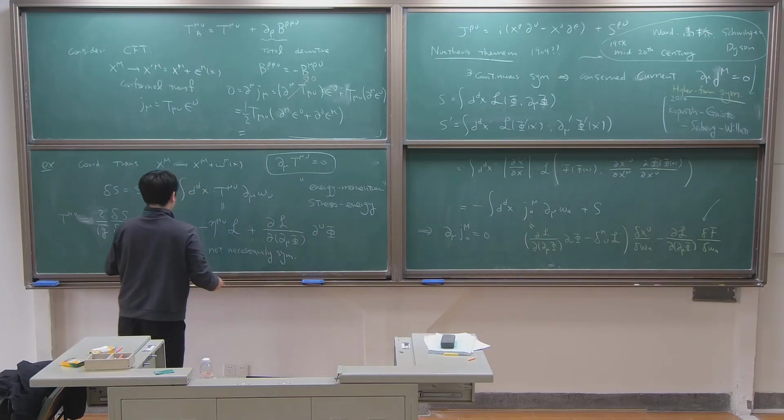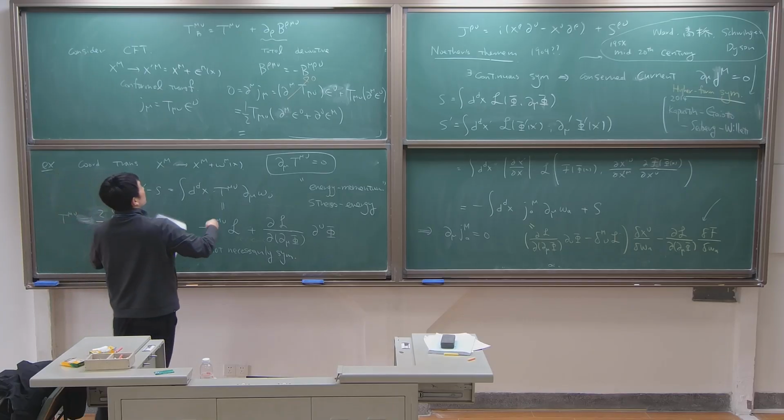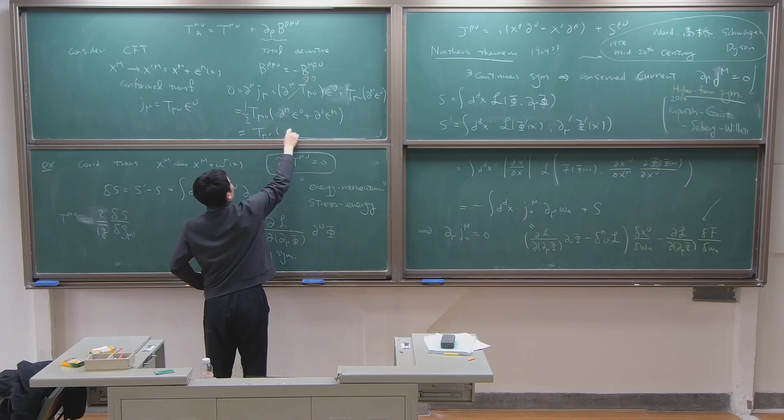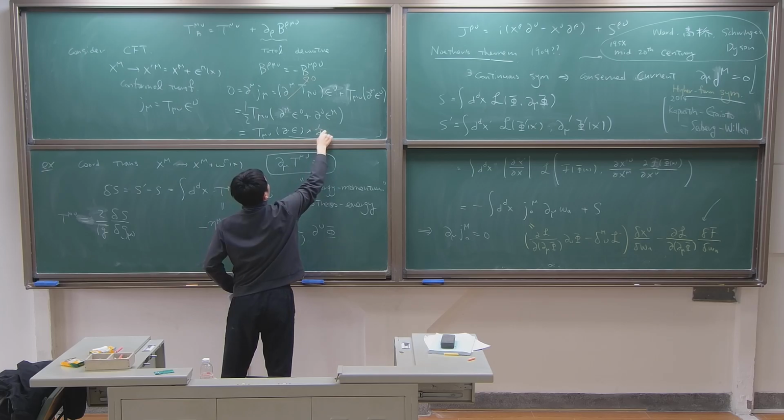Then we use the law of conformal transformation. So this is indeed equal to T mu nu times delta, with appropriate normalization.